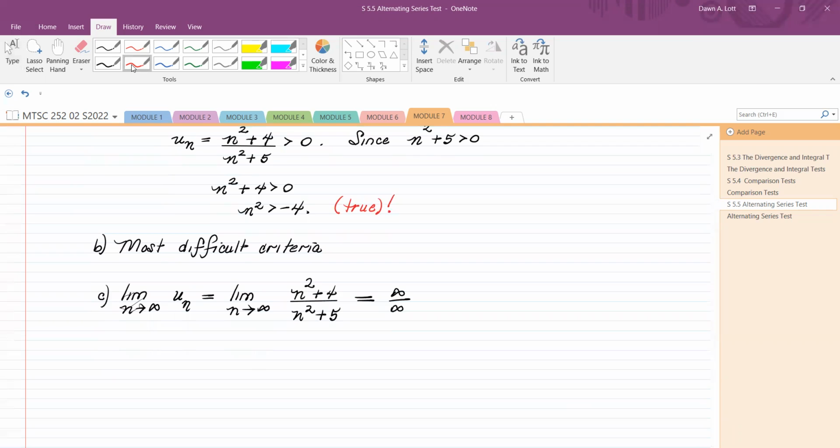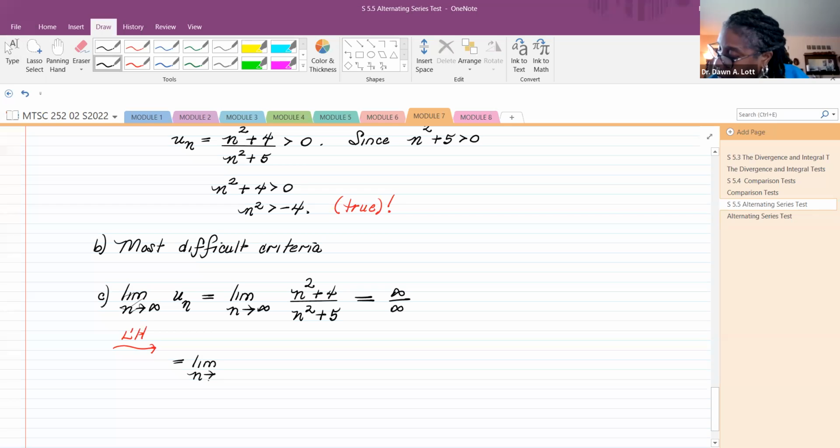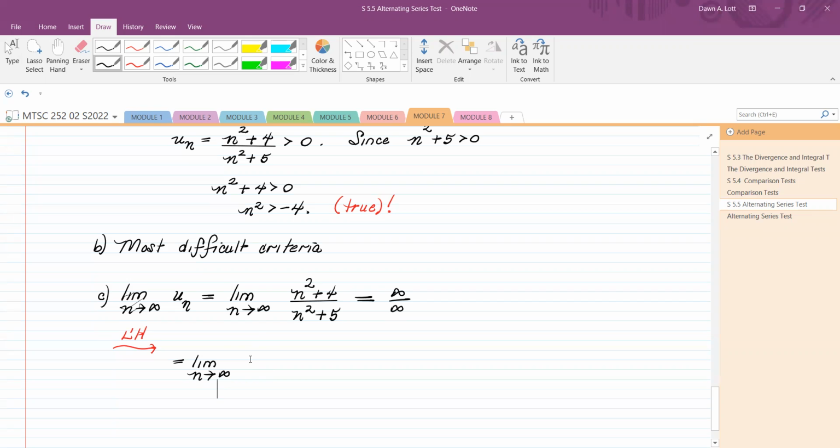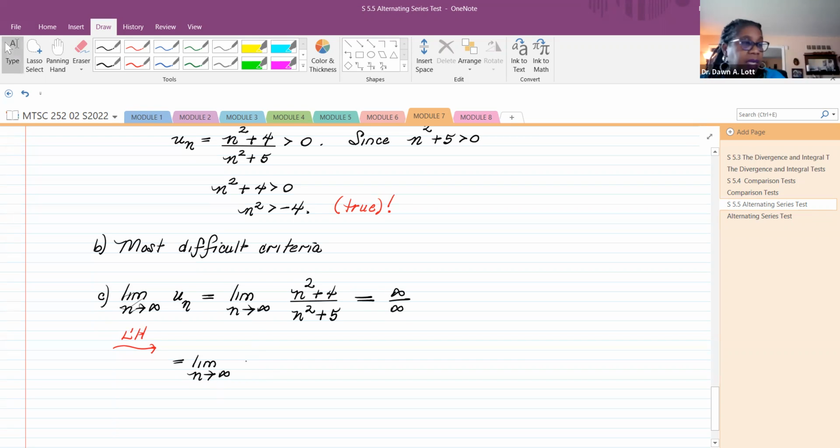So you can take the derivative of n squared plus 4 and then n squared plus 5. Okay, and what's the derivative of n squared plus 4? 2n, good.